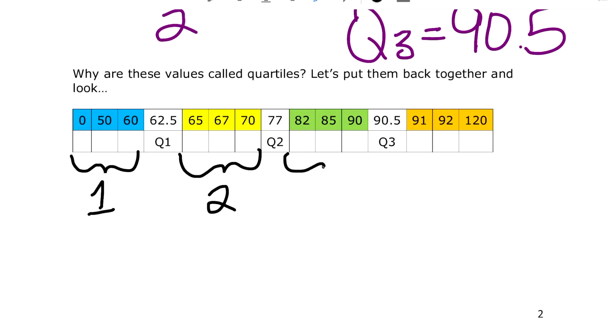Here's the second. Here's the third, and here's the fourth. And then my Q1, my Q2, and my Q3 serve as those cutoff values for each of those quarters of my data. Okay, so that's why they're called quartiles, because they split our data into quarters, or into 4.